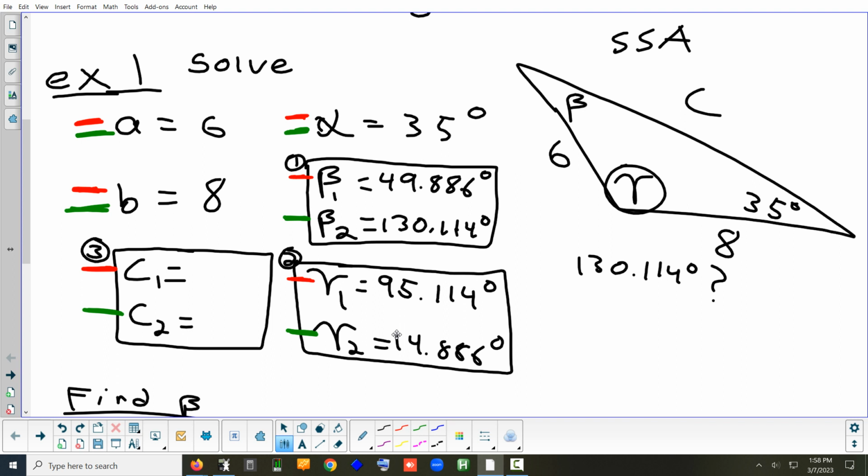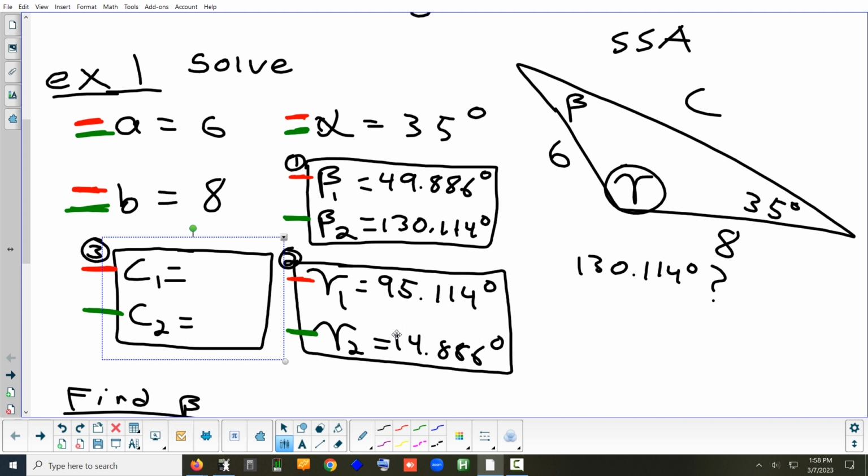Okay, so now we've done all the angles. We need to find the sides. C1 is, we're calling that the red problem. So to solve C1, we need a red row that's complete. I see 2 rows in that table that are red rows.